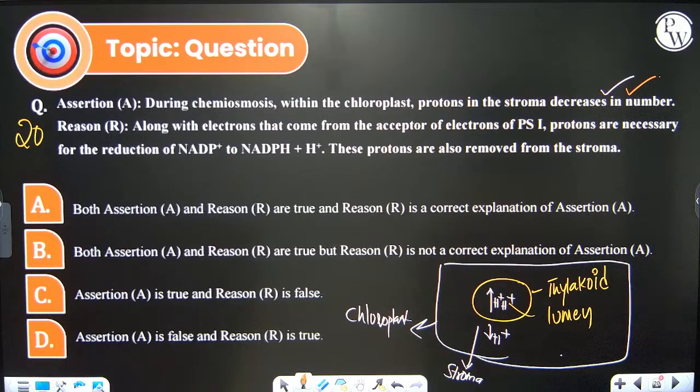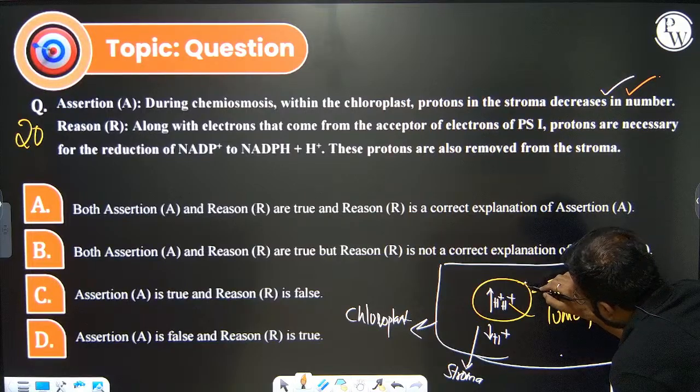Let's see the reason. Along with electrons that come from the acceptor of electrons of PS1, protons are necessary for the reduction of NADP to NADPH plus H+. These protons are also removed from the stroma, which is very true.